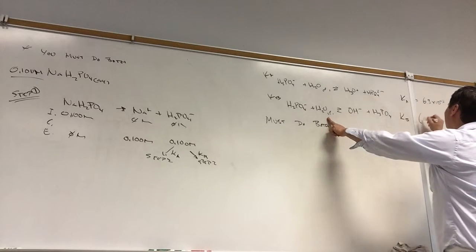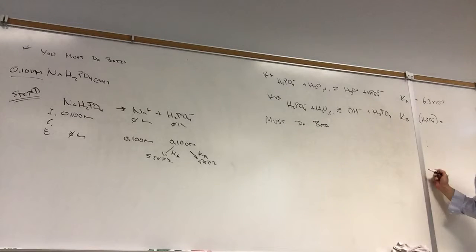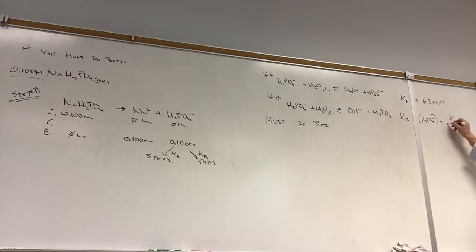This is Kb for dihydrogen phosphate. So Kb for dihydrogen phosphate is equal to Kw divided by Ka for, what's the conjugate acid of dihydrogen phosphate? Phosphoric acid, H3PO4.